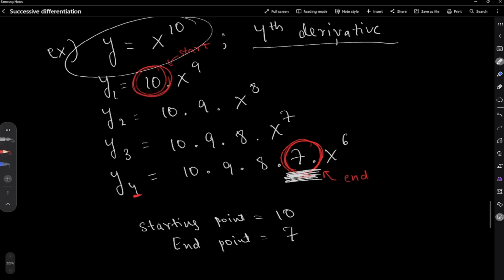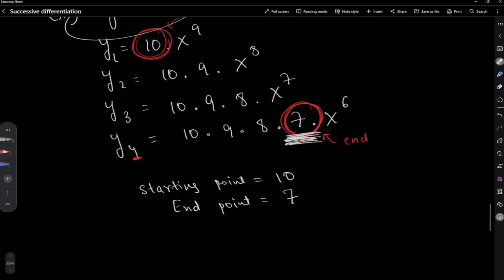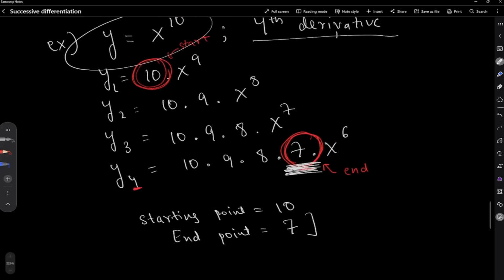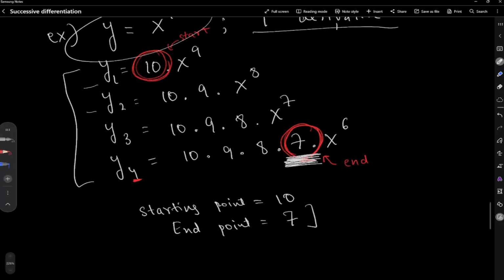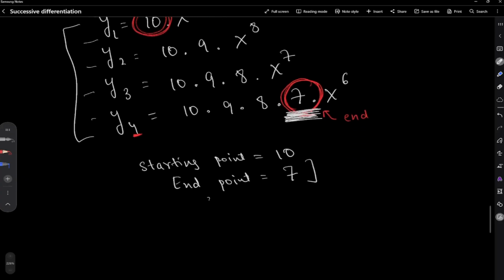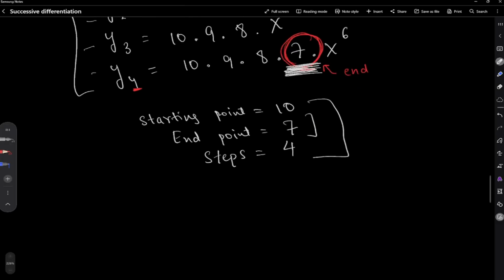To get to this solution, I'll also find something else. I'll write the steps it took to reach our solution, which was 1, 2, 3, 4 steps. So I'll write here steps, which is 4. So can I come to 7 somehow using these two? What I can see is I can write it as 10 minus 4. But 10 minus 4 is 6. It's not 7.